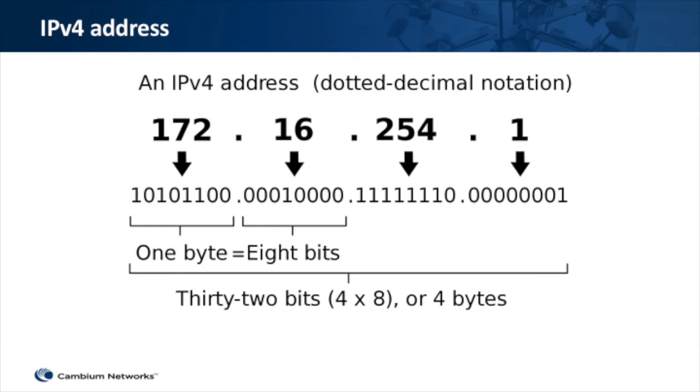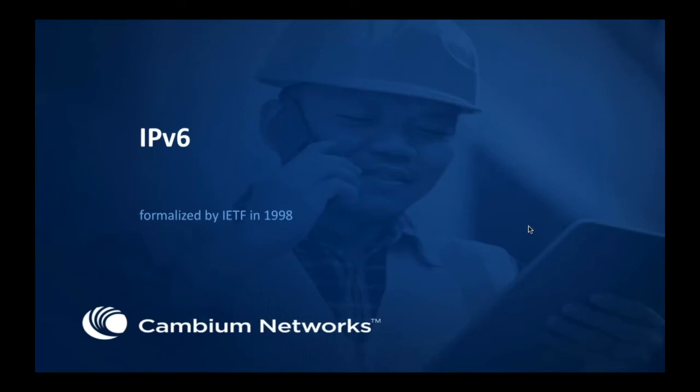Some part of it is used for the network, another part of the IP address is used for the host address. So how does IPv6 help us in this case? Let's switch to our main topic, which is IPv6.